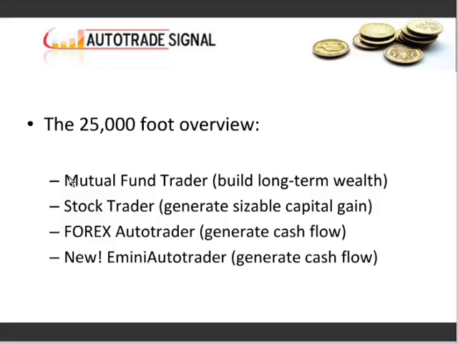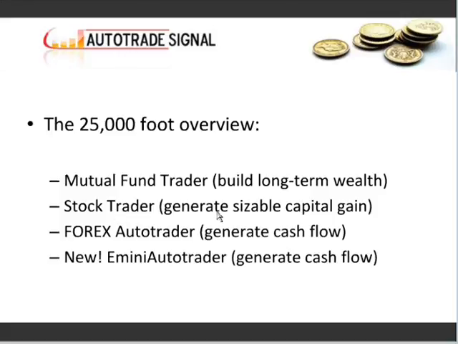They're using both the mutual fund trader and the stock trader, and they're doing it themselves. I've showed them how to do it, and I can show you exactly how to do it as well. That's one of the things we're going to look at today. But again, with this 25,000 foot overview, we have a number of different tools to achieve different investing strategies. We build long-term wealth through investing our retirement or IRA funds in a mutual fund trader.